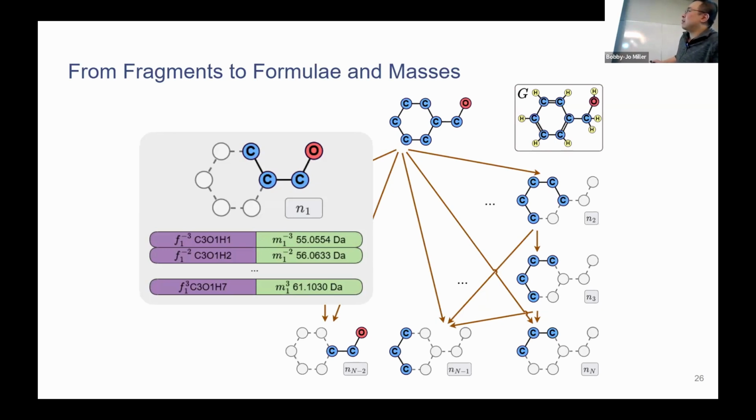So in theory, this particular substructure from our original molecule can result in a peak in this range of molecular mass, from 55.0554 all the way to 61.103. Those things are topologically possible. It doesn't mean you're going to observe them. The probability of seeing those will be learned by the machine learning method. Every hydrogen weighs about 1.007 something.